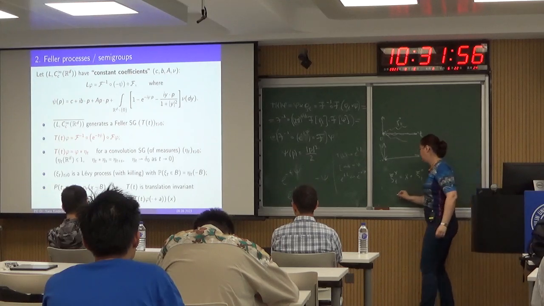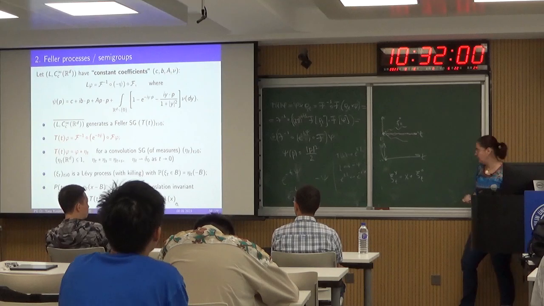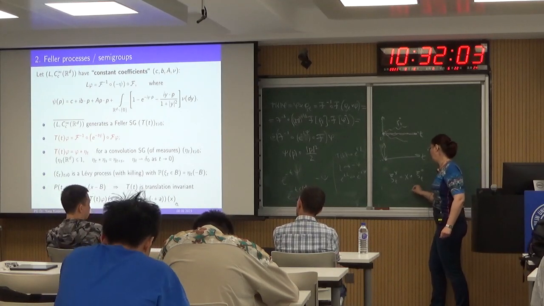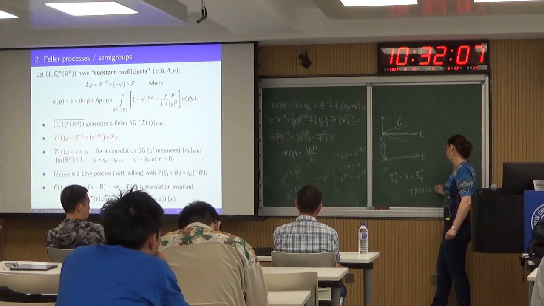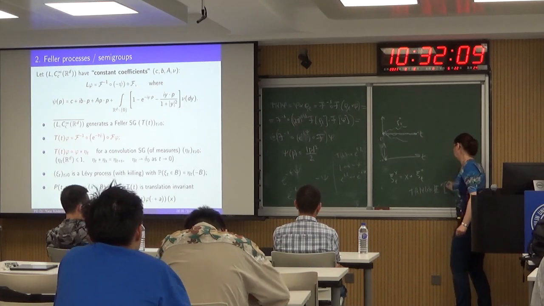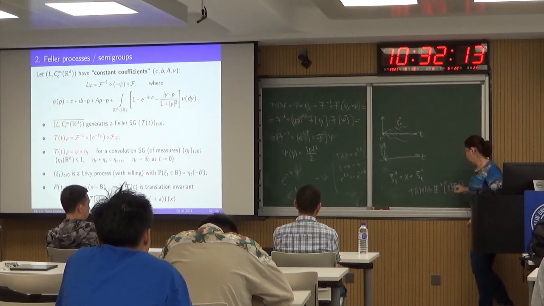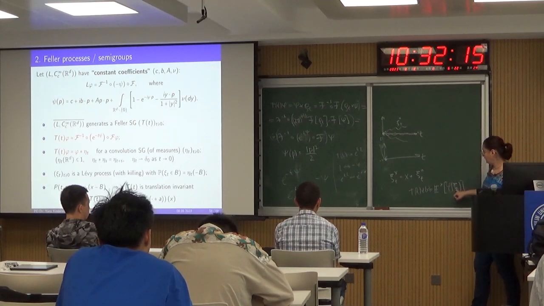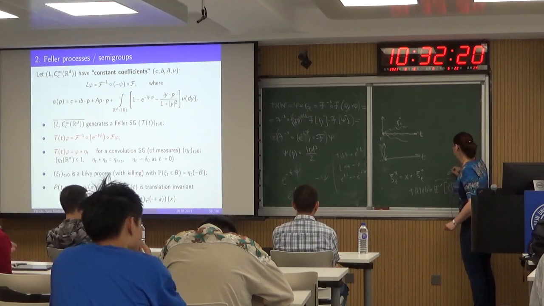And hence, in particular, this property means that we know that T_t phi of x has this representation. Here the process starts at x, so I can rewrite it as follows.